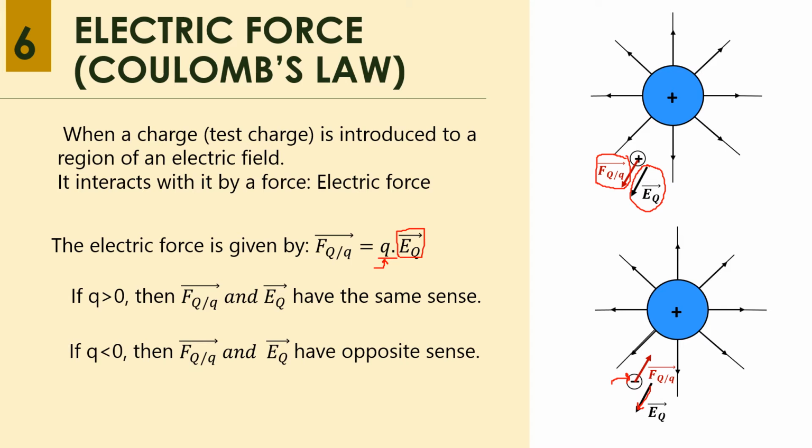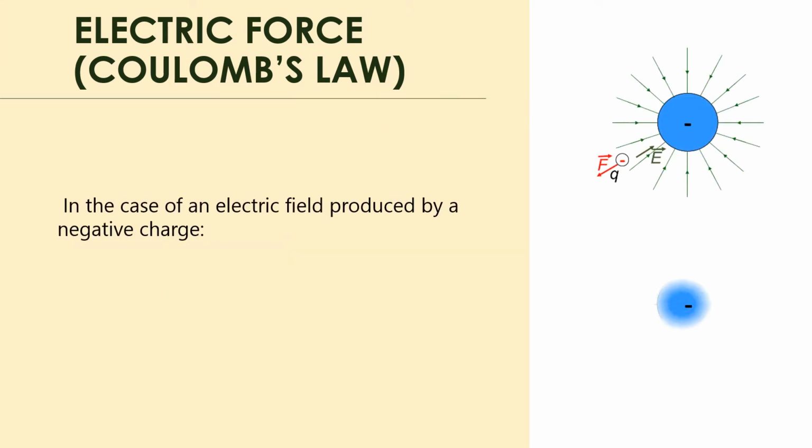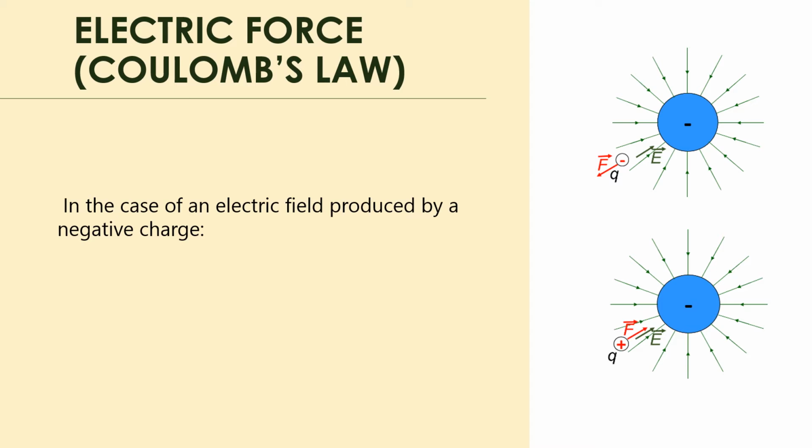Got this point? Now let's take another scenario when the charge producing the field is negative. Notice the field lines shown in green are incoming, going into the charge itself. So electric field lines are inwards.